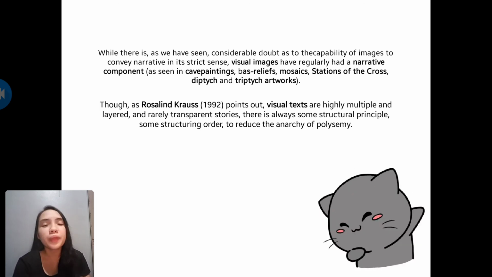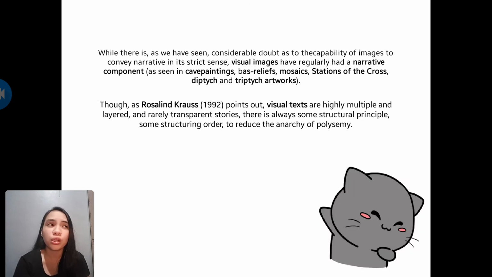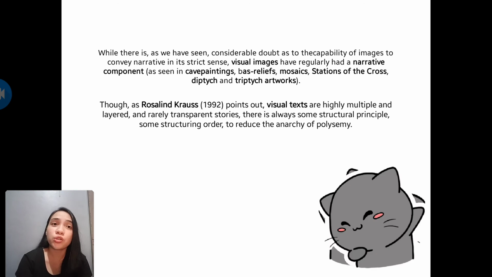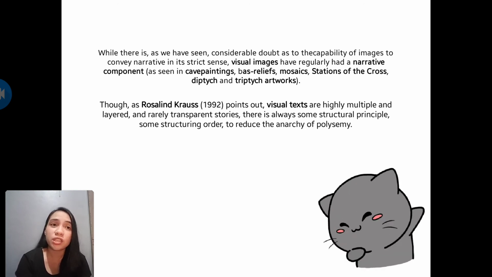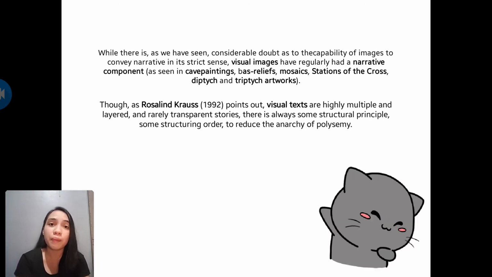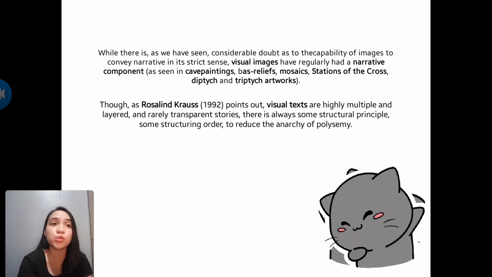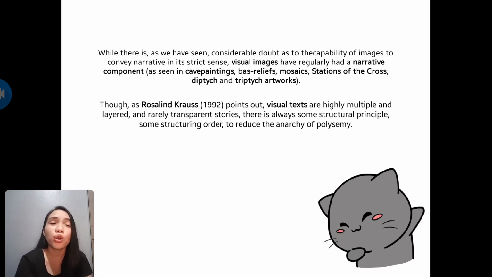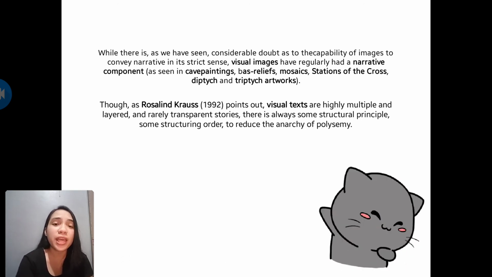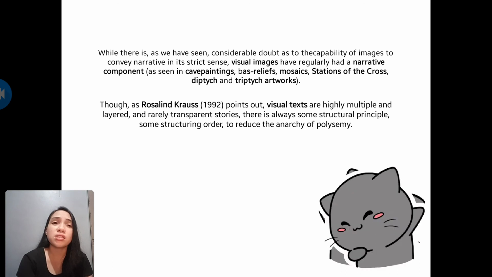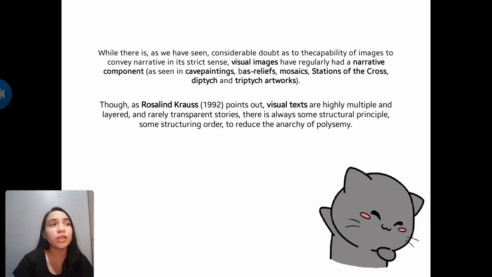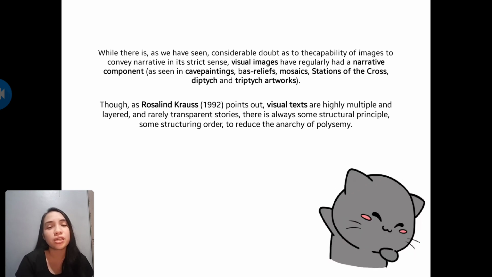Other people didn't consider that visual images had a narrative component, but now we can conclude that visual images have a narrative component, because paintings, though they are just pictures, convey messages.